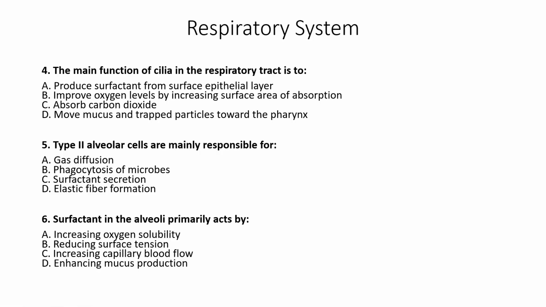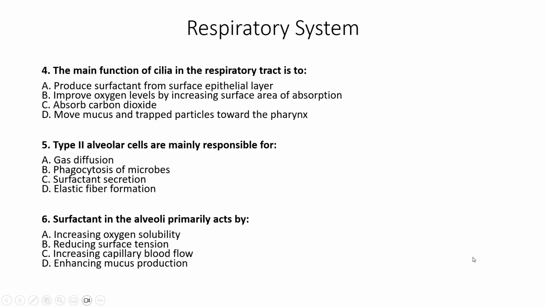This compound essentially just spreads over the water in the alveoli, that layer of water. It spreads over it like a monolayer, and it inserts itself between the water molecules and prevents all of this hydrogen bonding, and it reduces the amount of water to water attraction, and that lowers the surface tension.